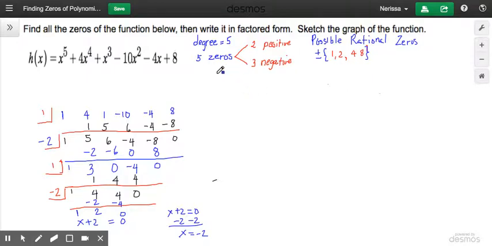So the zeros are, so maybe let's list it here, 1 twice, and -2 3 times.